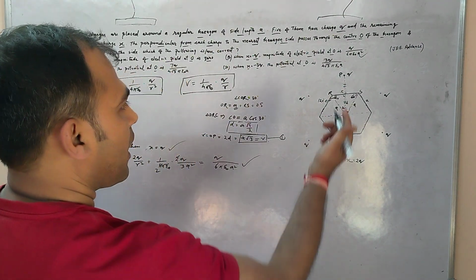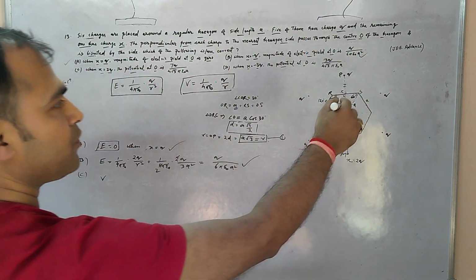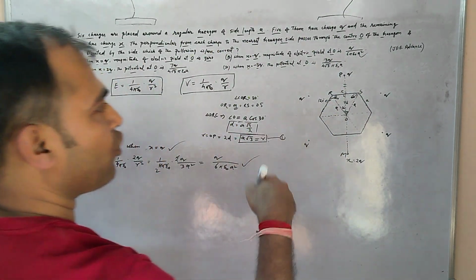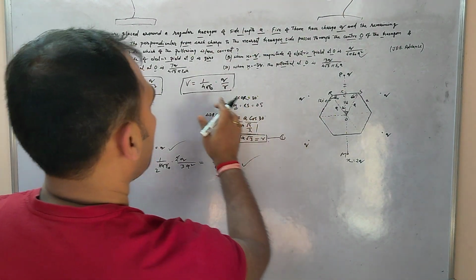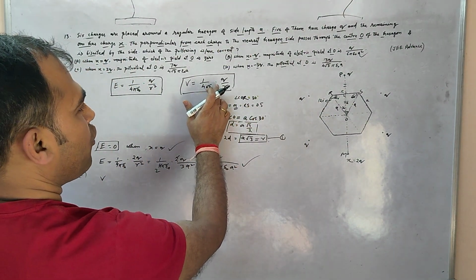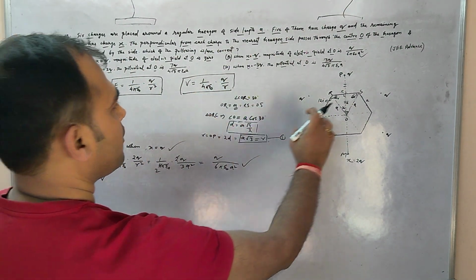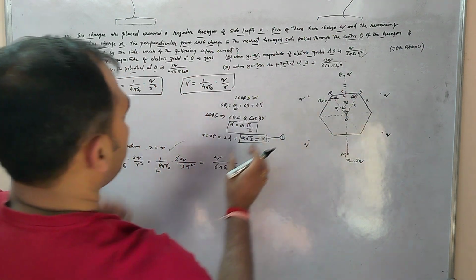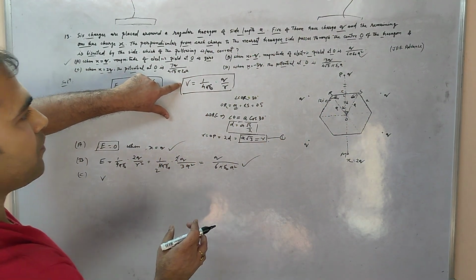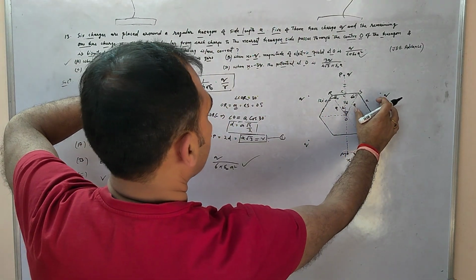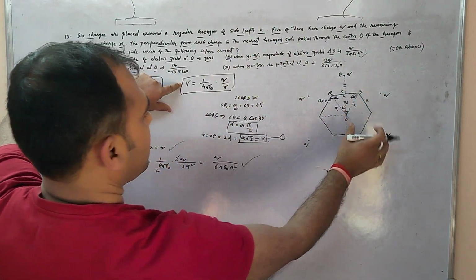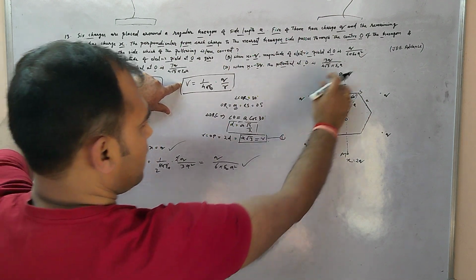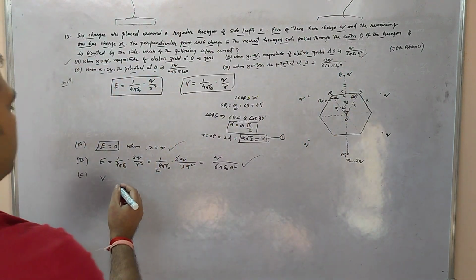And all the charges are positive. So it simply will be added: 1/4 pi epsilon naught into q by r. Due to this, V1 will be the same magnitude, and positive charge, again positive charge. So these 5 will be added one by one.